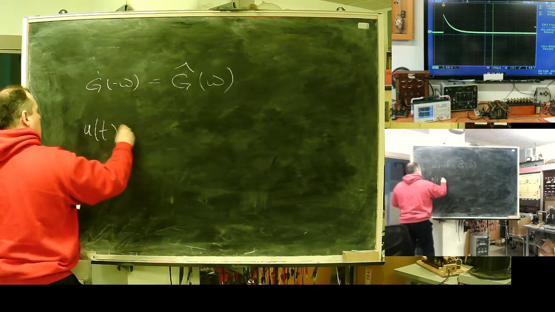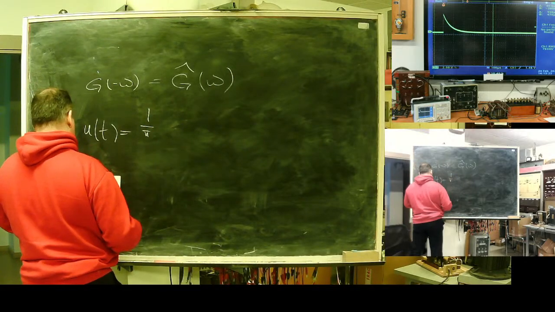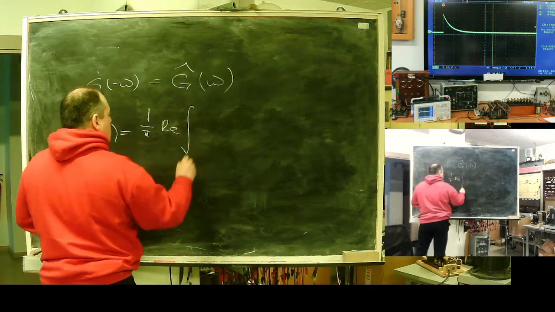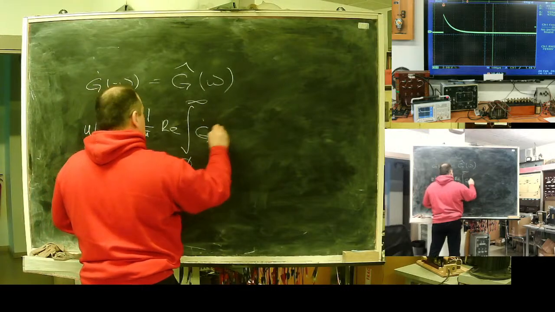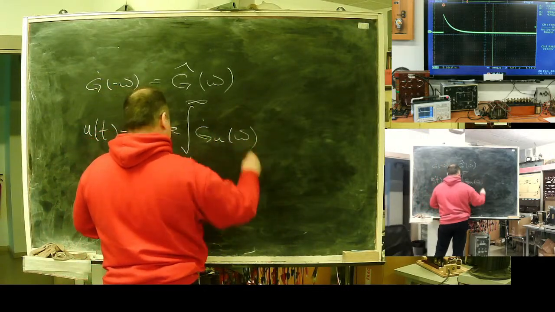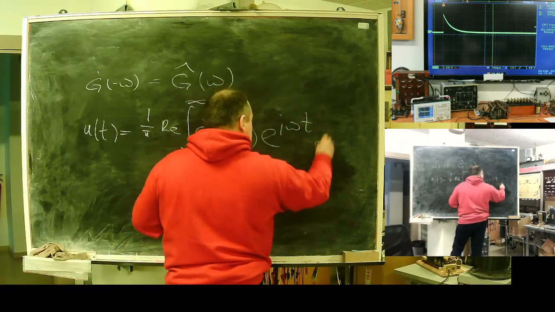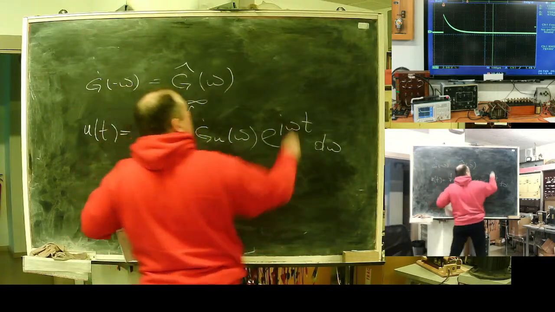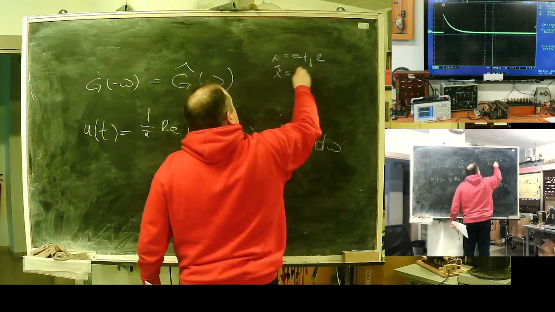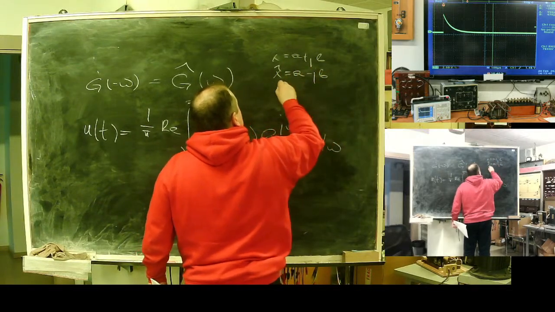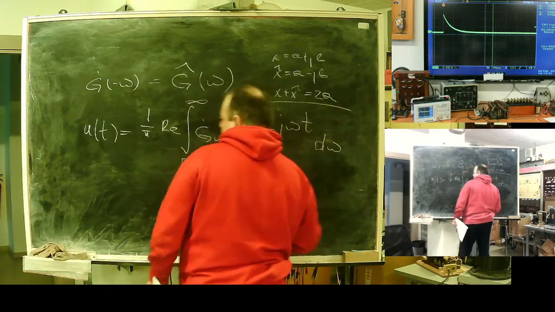This means I can use only the real part of the frequency space. It's very simple: if you have x plus its conjugate, it will be double the real part.